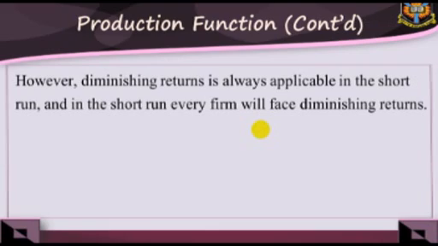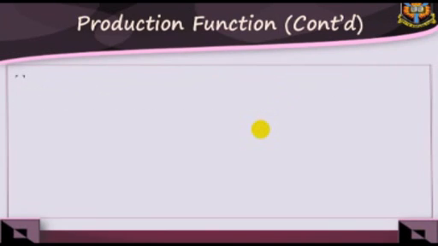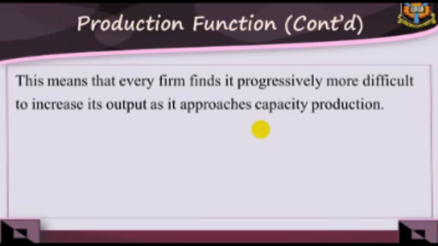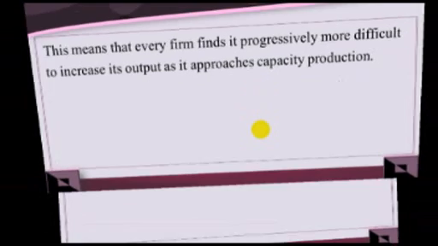However, diminishing returns is always applicable in the short run, and in the short run, every firm will face diminishing returns. This means that every firm finds it progressively more difficult to increase its output as it approaches capacity production.